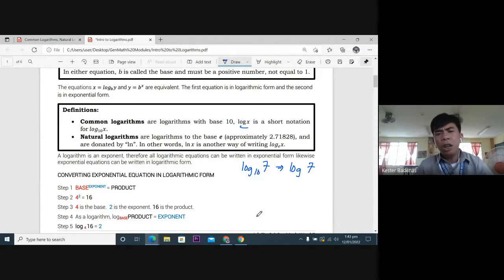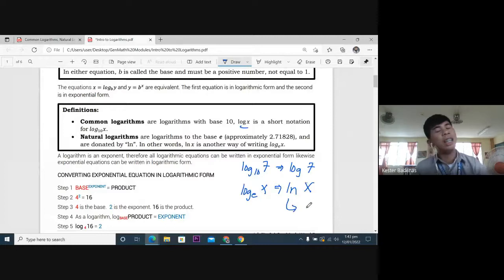And kapag ang logarithm, let's say, we have logarithm of x to the base e, hindi na natin sinusulat yung log with the base e. Instead, it has another symbol to denote that it is a natural logarithm. The symbol used to represent natural logarithm is not log with the base e, but instead it is ln. ln x na siya.